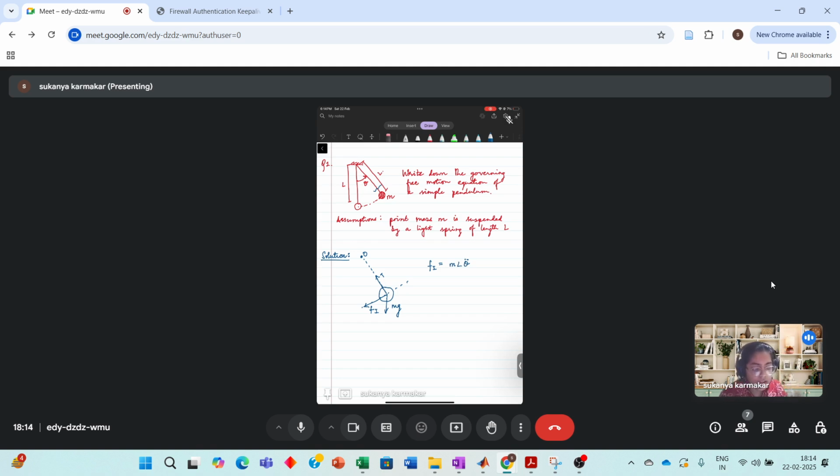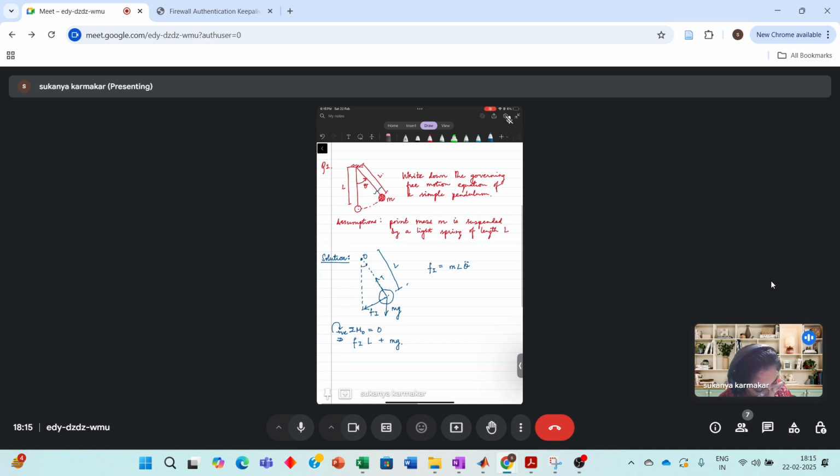Now, let's take the moment about this point O. Then I'm writing the moment equilibrium equation. So I am doing summation of moments about point O, and let's take clockwise moment to be positive. So Fi into this distance L, okay. Then T will not have any component because it is passing through point O, plus mg.